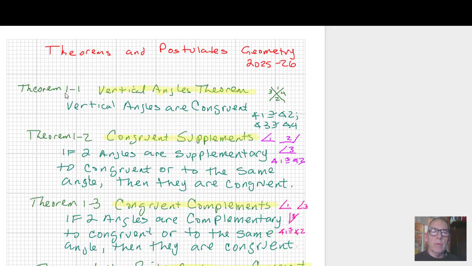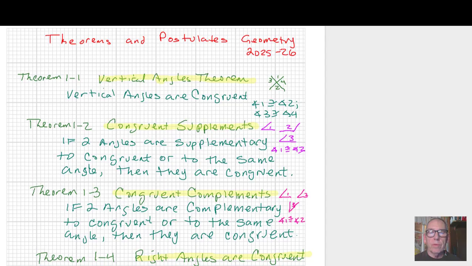It's the first theorem in chapter 1, second theorem in chapter 1, third theorem in chapter 1. It's best to know the name or the paraphrasing of the theorem rather than which number it is, because different geometries are going to use different numbering systems. So theorem 1.1, vertical angles theorem, all vertical angles are congruent.